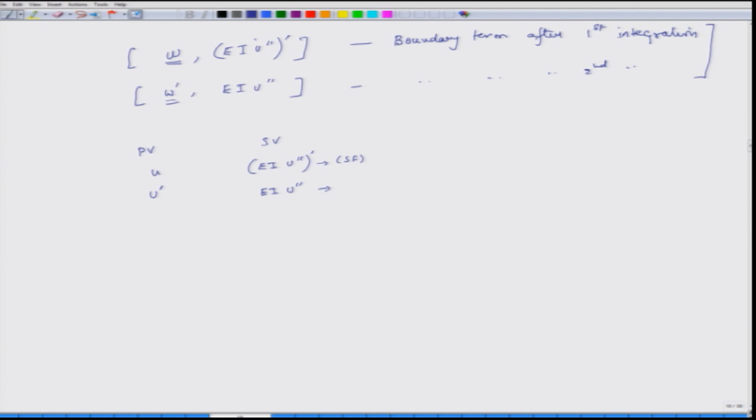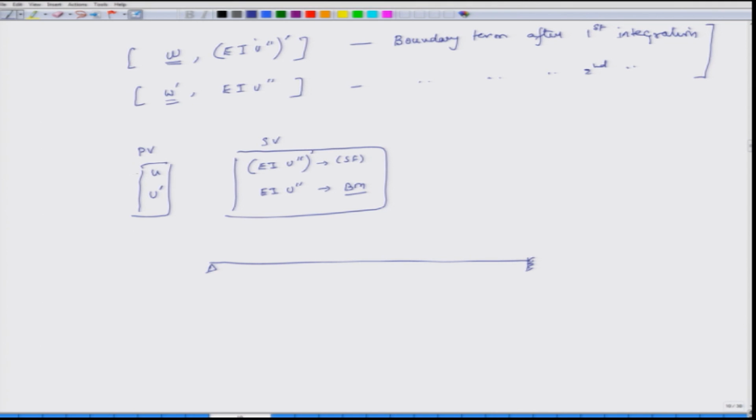Okay. So, my essential boundary conditions are u and u prime, my natural boundary conditions are shear force and bending moment. So, if I have a beam, I have to specify two conditions at both the boundaries. At either I specify, so total number of boundary conditions I have to specify are 4 and 2 on each end.